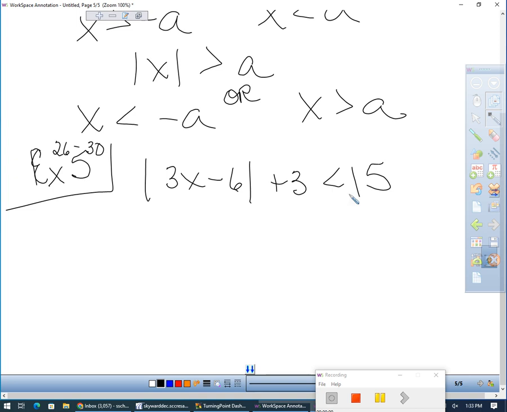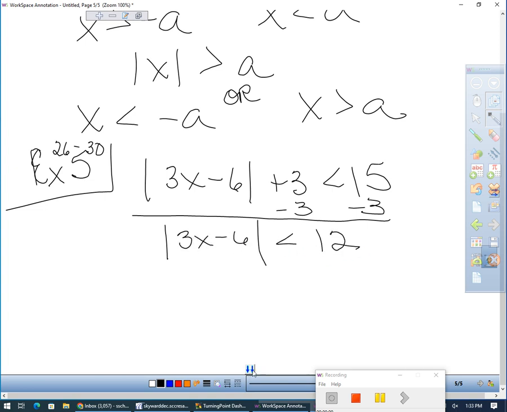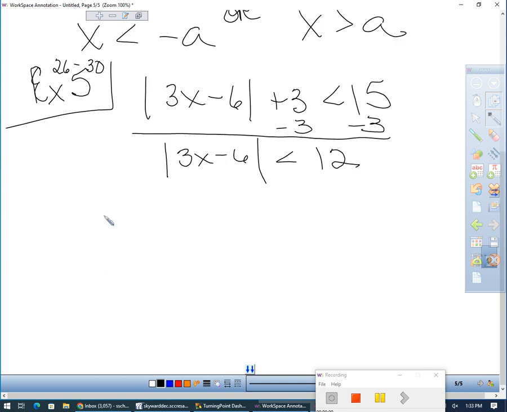So first I have to get that absolute value all by itself. How do I do that? Subtract the 3. All right, so I have the absolute value of 3x minus 6 is less than 12. Now I split it into 2. I have 3x minus 6, flip the sign, make it negative, and I have 3x minus 6 is less than 12.